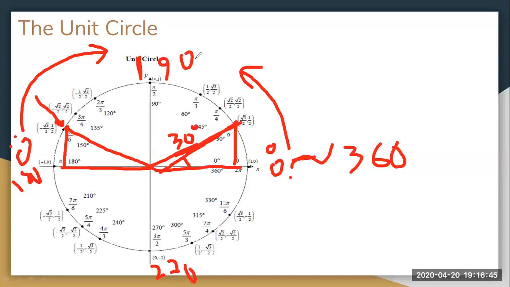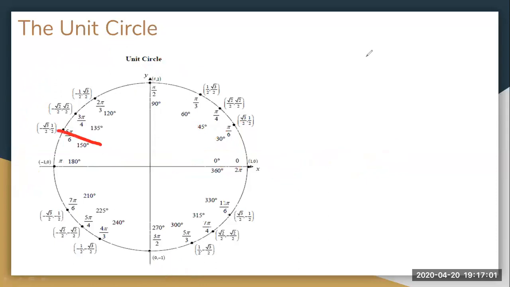By doing this, you have basically shown that 180 minus 30 would be 150 degrees.